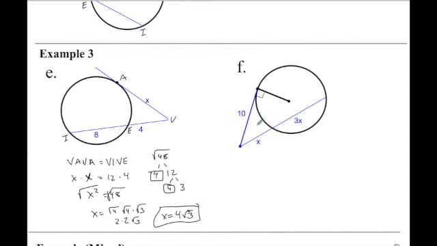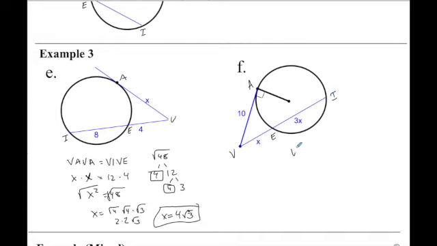For F, I'm going to go ahead and do this now. The reason we have this segment in there is just showing that that's a tangent to the circle because we have a right angle. I don't know anything about that, and I don't want to find that. I've got a vertex here where the two lines intersect, and that's where it intercepts the circle at the tangent point. And this would be E and I out here.